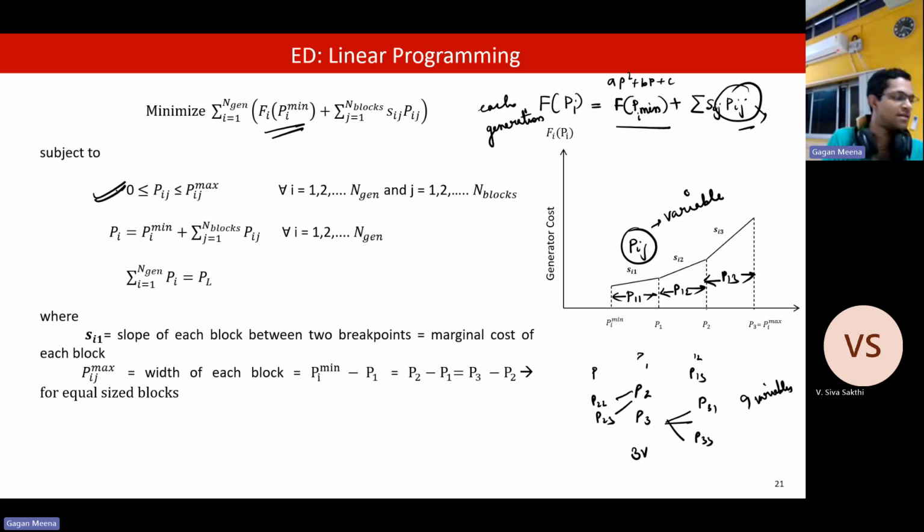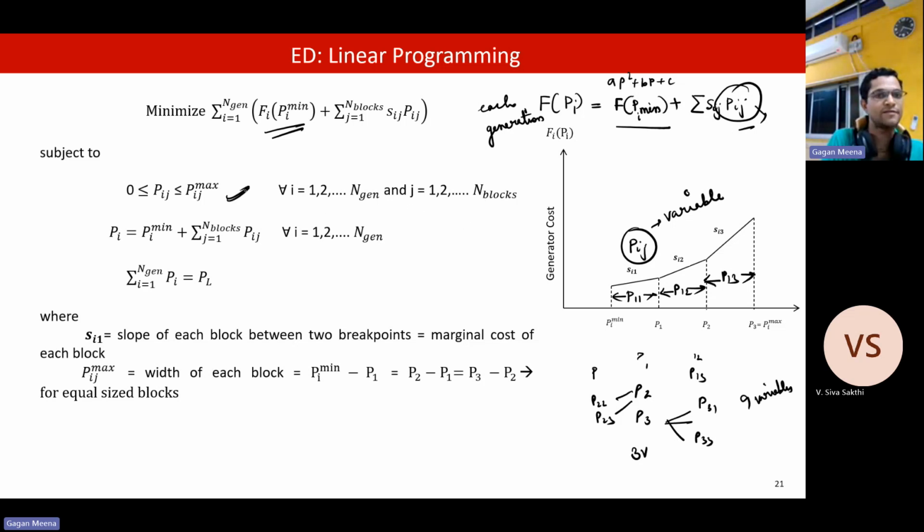Same thing is written here. Earlier we had Pi between Pi minimum and Pi maximum. Now this is replaced by these three constraints for each generator, for each of the segments. Same thing is written for each generator and for each of the blocks.